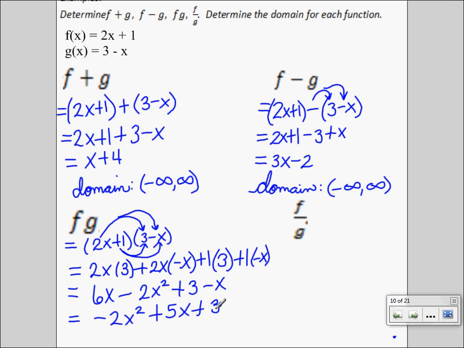And as you know, or you will learn later on in the class, this is actually a parabola that opens downward. And the domain of a parabola, since it has the x squared, will be yet again parentheses, negative infinity, comma, positive infinity, close parentheses.